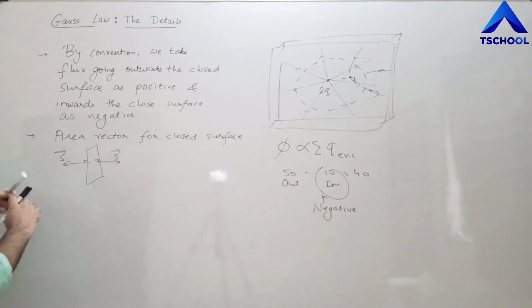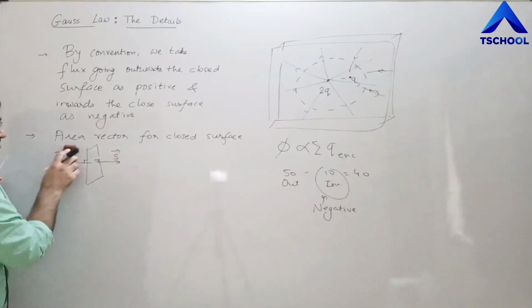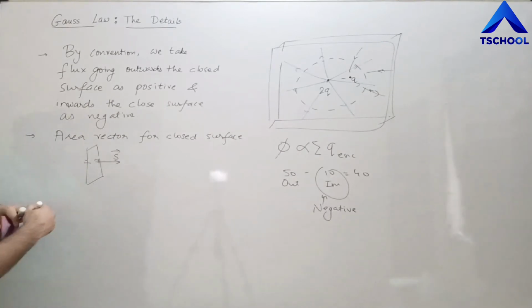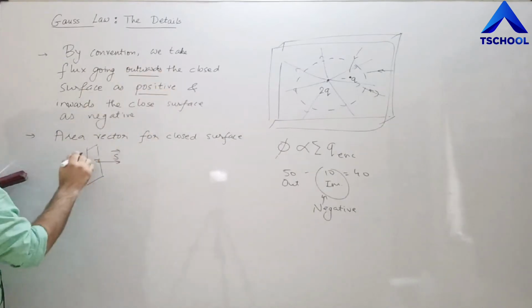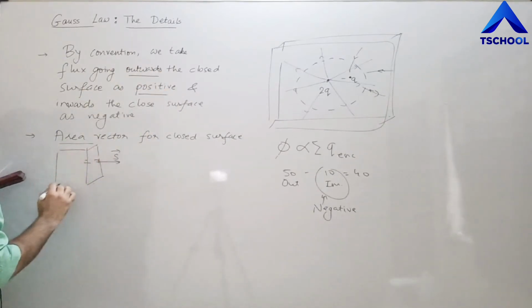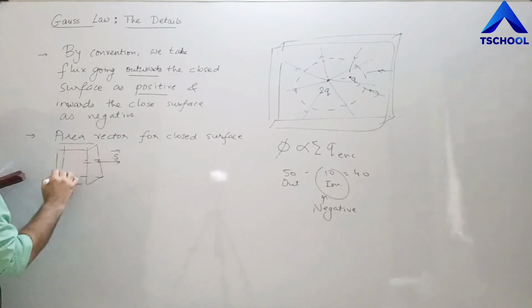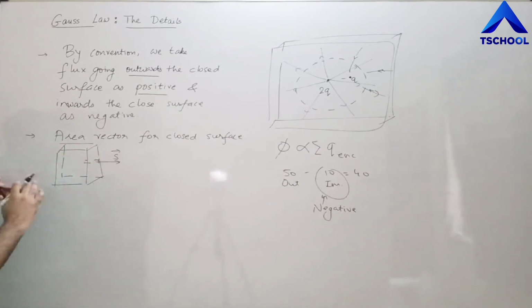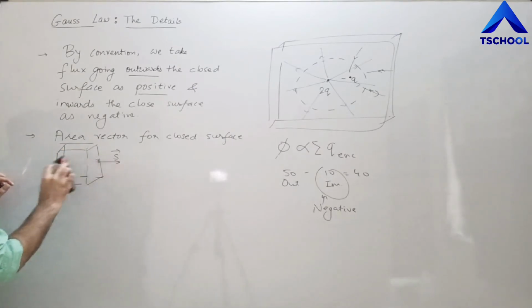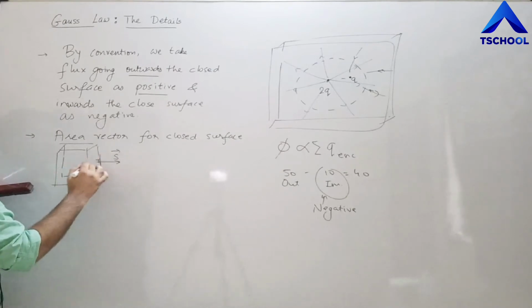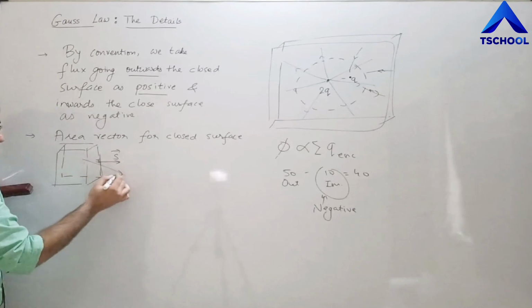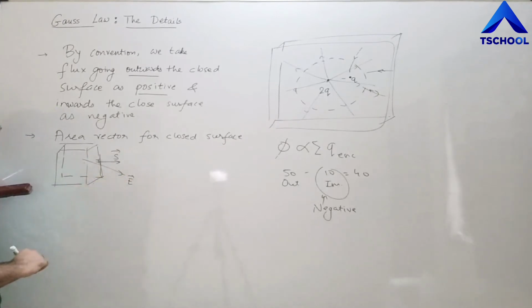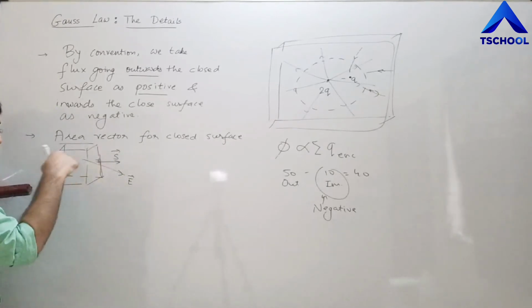If you take the area vector as outwards from a closed surface, again, because we are taking outwards as positive, we should take the area vector outwards as the correct one. Have a look: suppose this is some electric field outwards from this closed surface.